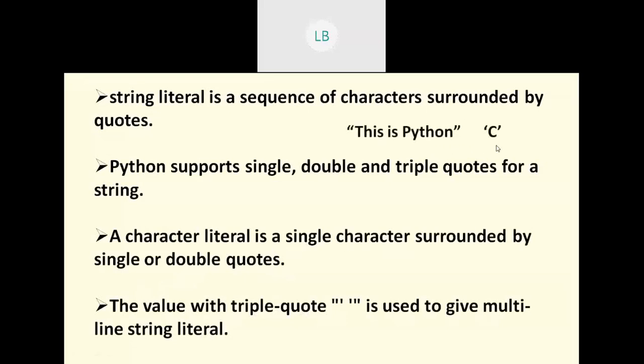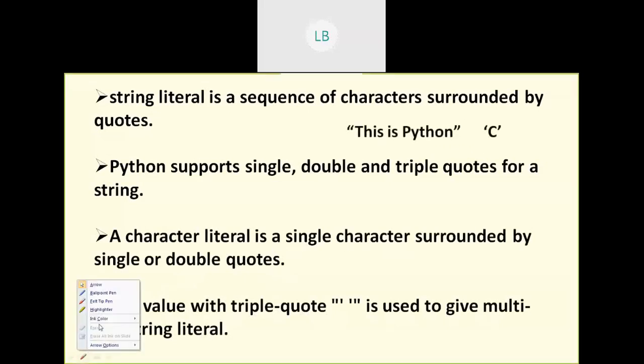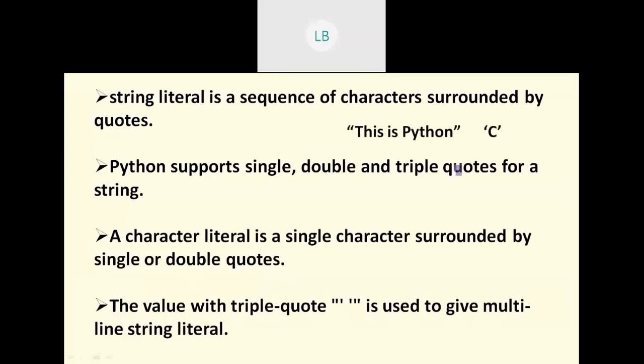Here is an example. The C within single quote, this is a character constant. A single character within single quote, even within double quotes you can give. This is called a character constant.